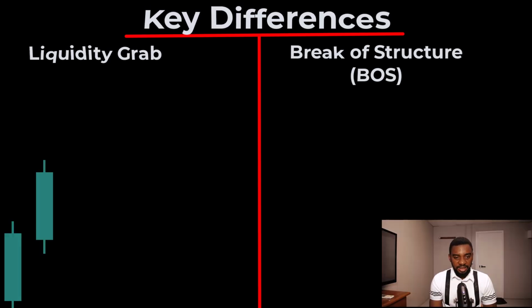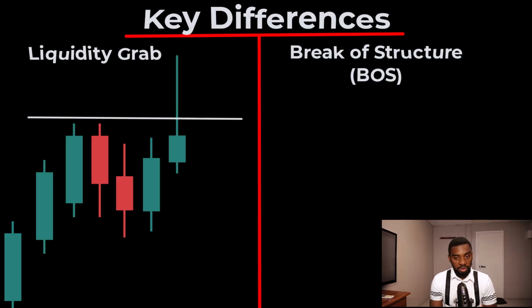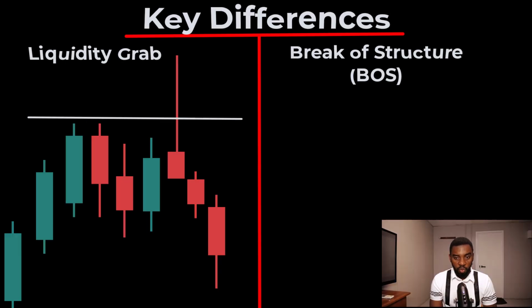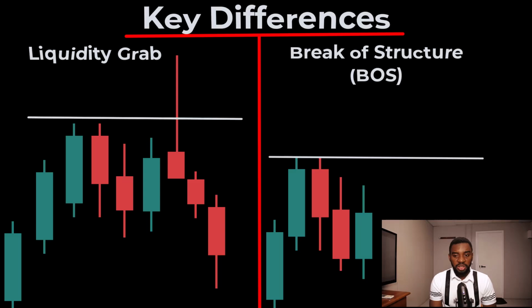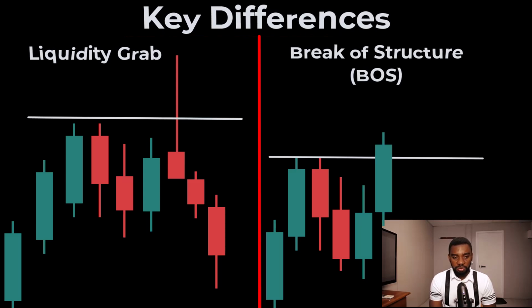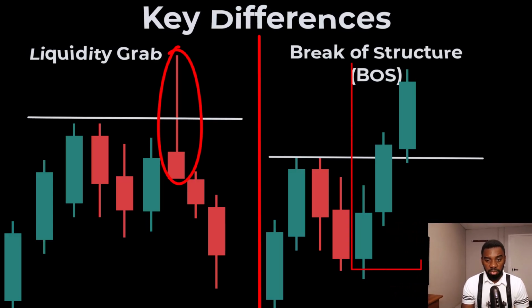The intent of a liquidity grab is to trigger stop loss orders and reverse price, while break of structure indicates a genuine trend continuation. When it comes to price action, in a liquidity grab you see a sharp spike and a quick reversal, but in a break of structure you see a sustained move beyond the key levels.